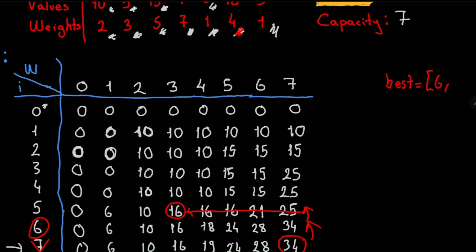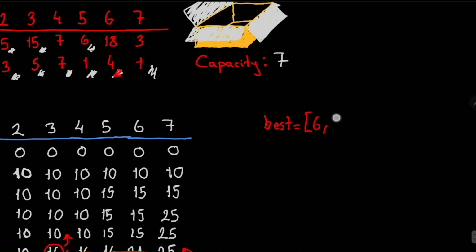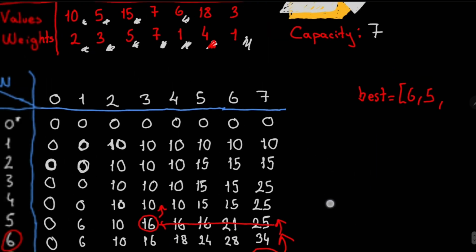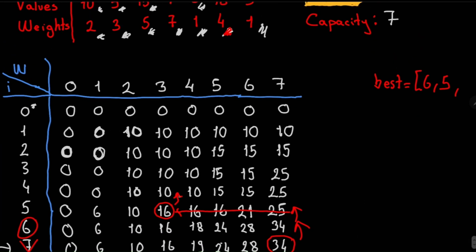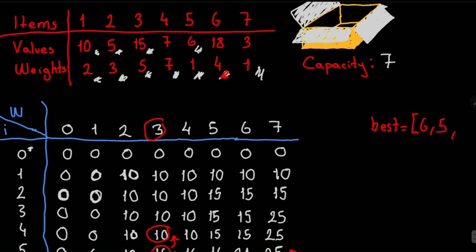We are taking 6. Is it changing? Yes. We are also taking 5 because it is changing, and 3 minus 1 gives us, why we use 1, because the weight of 5 is 1.